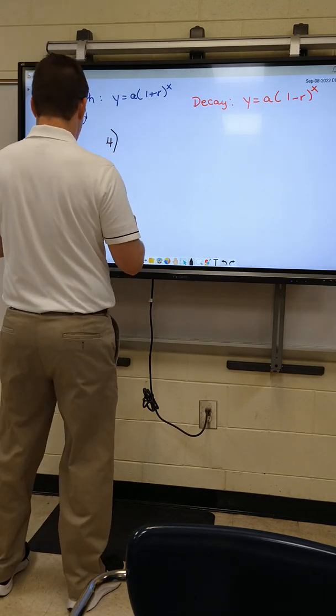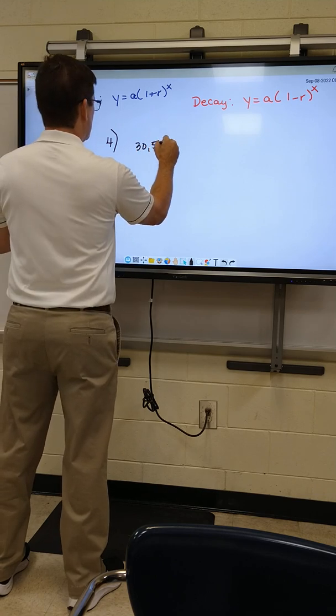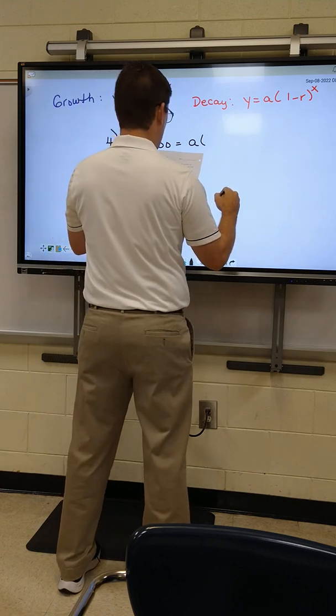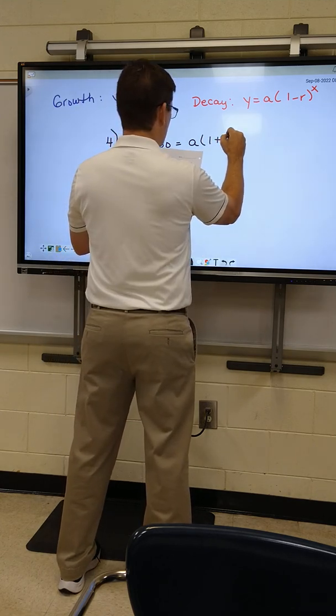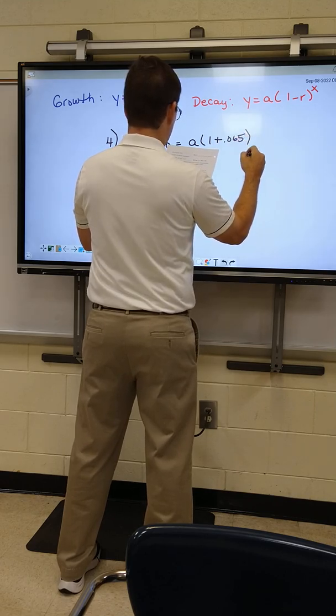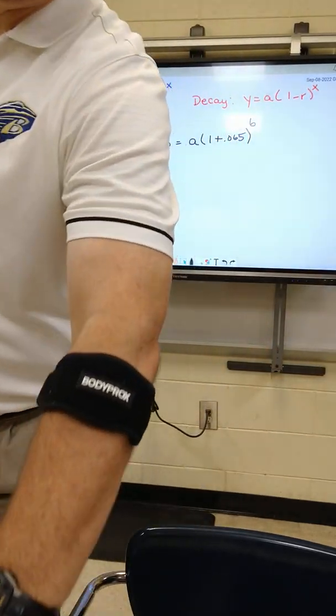Alright, so 4 says I have 30,000 at the end, so that goes first. Investing 6.5, so that'd be 1 plus 0.065. How much did I start with? 6 years. Alright, so that's how I set it up.